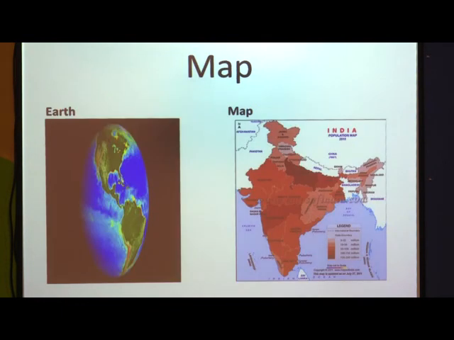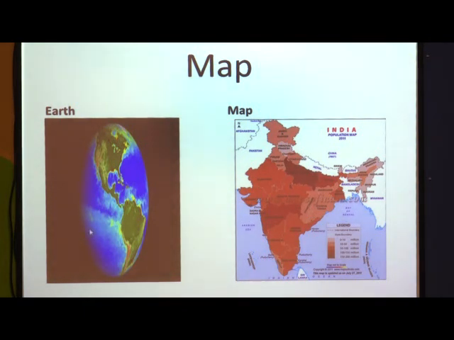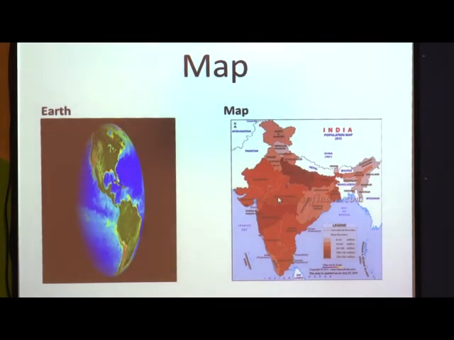So children, just see these two pictures. What is this? It is an earth and this is a map. What is the relation between this earth and this map?